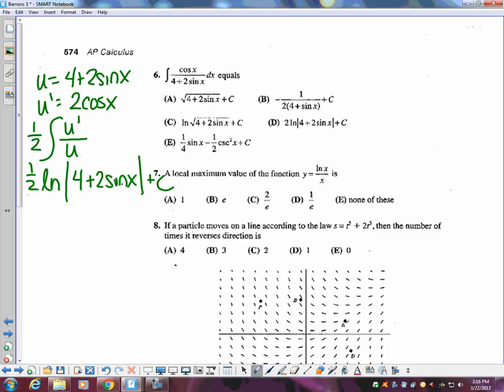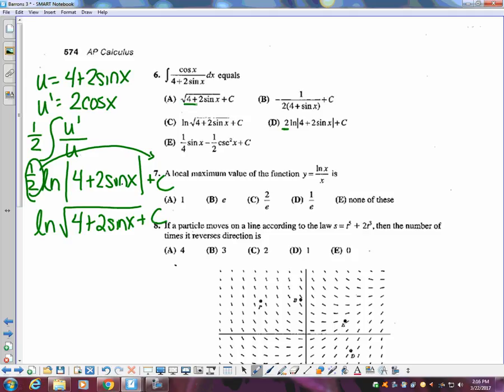So let's see. I don't see that anywhere. I see a 1/4. 4 plus 2, I see a 2. I don't want a 2. I want a 1/2. Okay. Well, what if he's a power? I mean, he's out front, so he could be a power. If I kick him up as a power, then that would be ln of 4 plus 2 sine x, plus c.